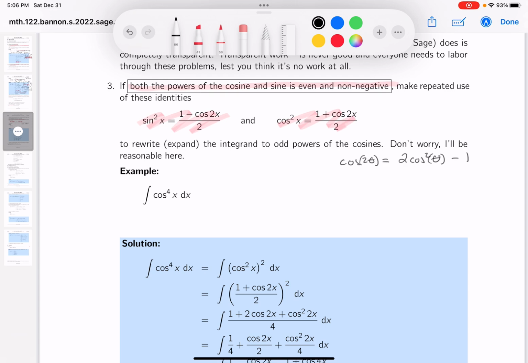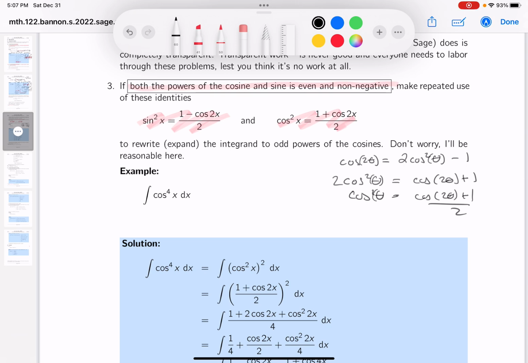And that could be rearranged, by the way. The rearrangement would be 2 cosine squared theta equals cosine of 2 theta plus 1. You divide by 2, and what do you get? Cosine squared theta equals cosine 2 theta plus 1 over 2.